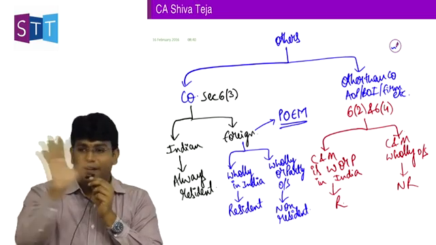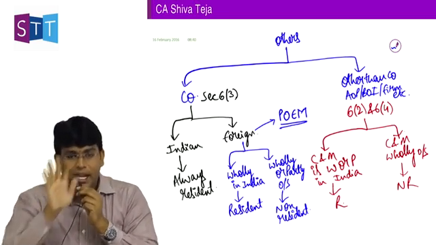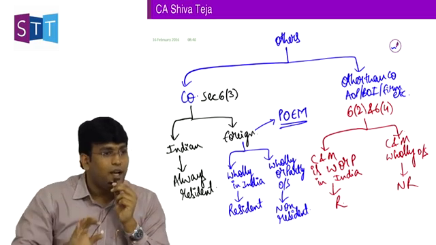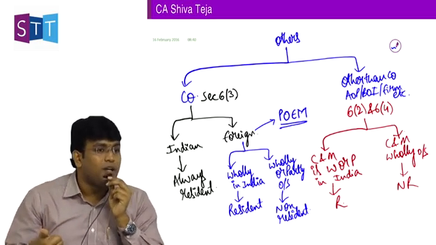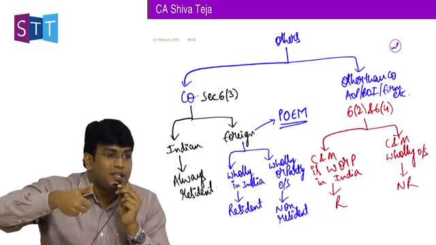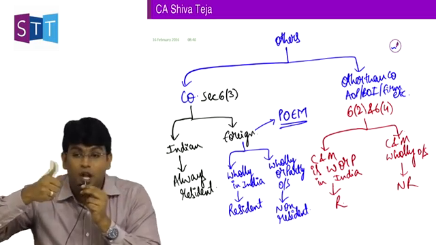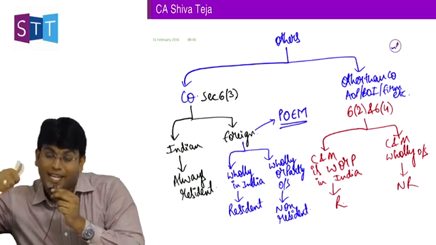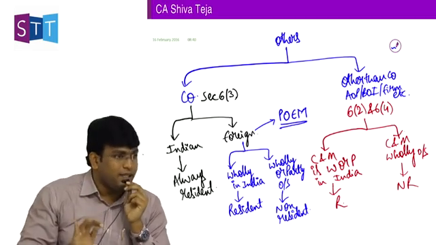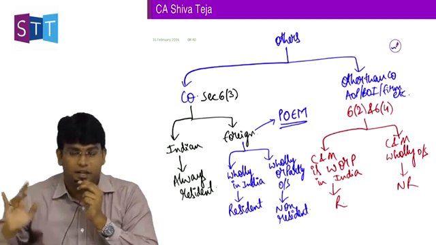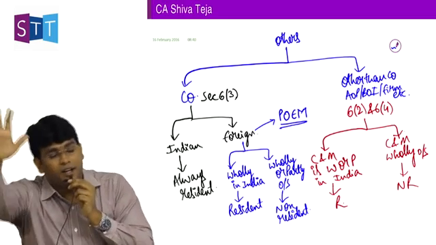For a company, we have 2 categories given by section 6(3). Indian company, always a resident. Foreign company is concerned with POEM, not C&M. The word is not control and management; the word is place of effective management. If it is wholly in India, resident. Wholly outside India, non-resident. Partly outside India, non-resident.